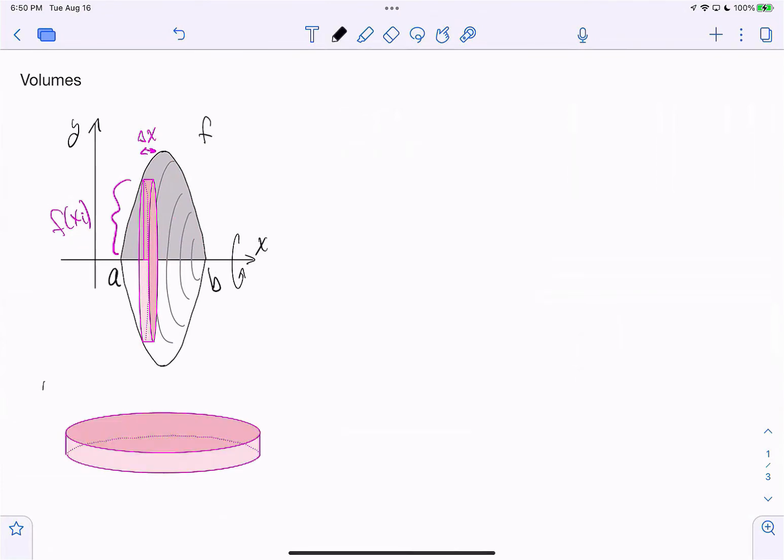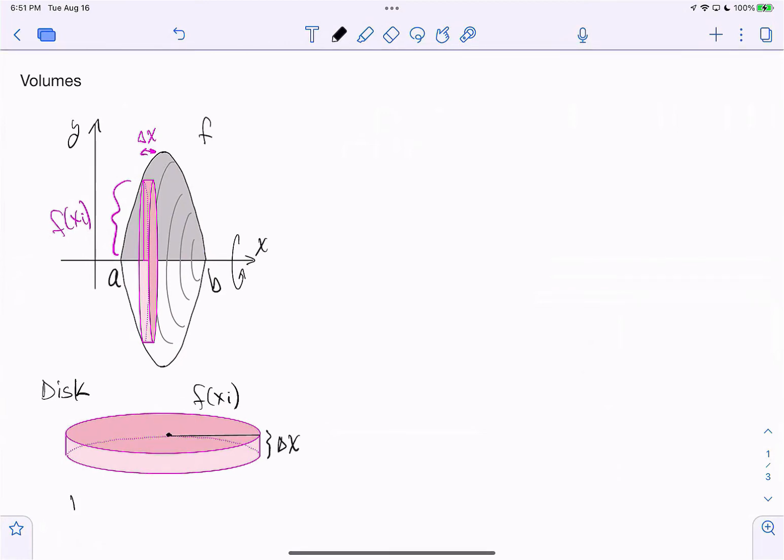So let's consider the volume of such a disk. It's disk with a K, not C, not like a compact disk. And the width of the original rectangle, which we call delta x, is now the height of this disk. So this is our delta x there. And then the radius of the disk is the function evaluated at some point.